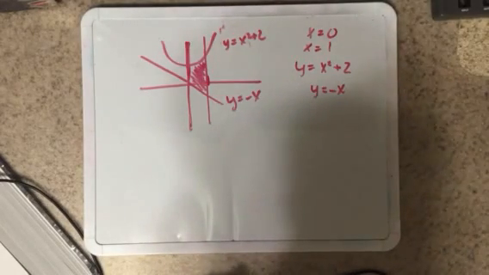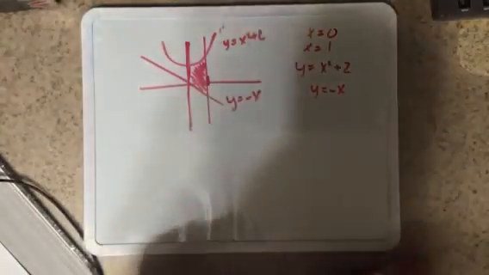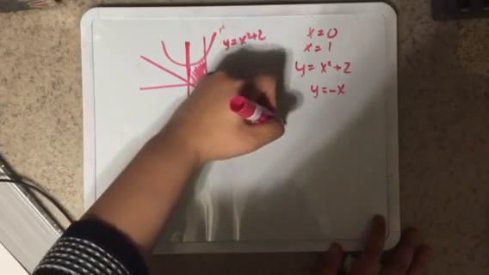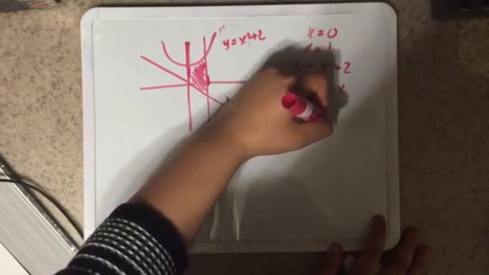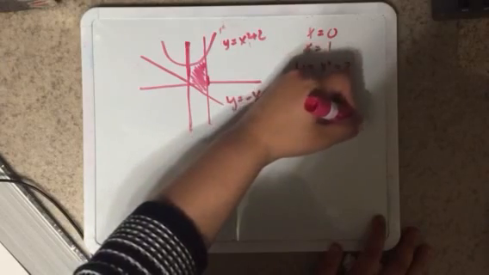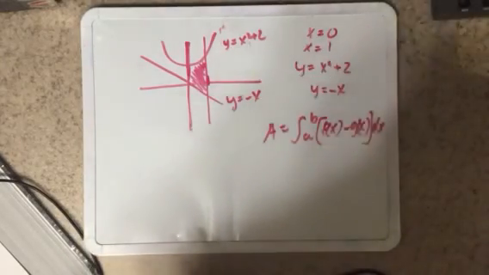And at this point, because we know our general formula, do you remember? It's A equals the integral from a to b of f of x minus g of x dx. Right? So we know that's our general formula.